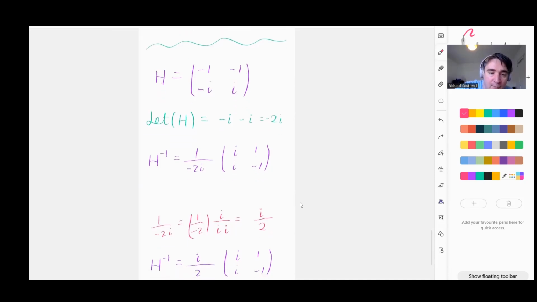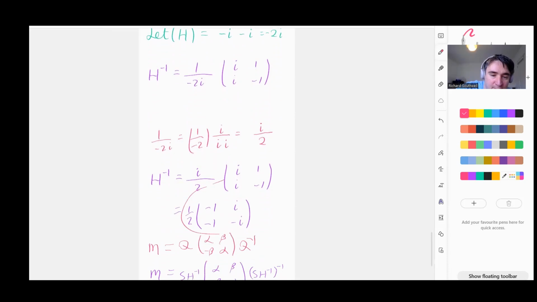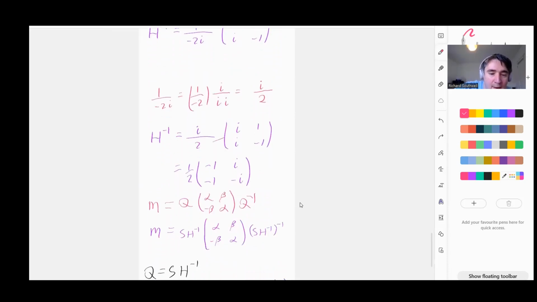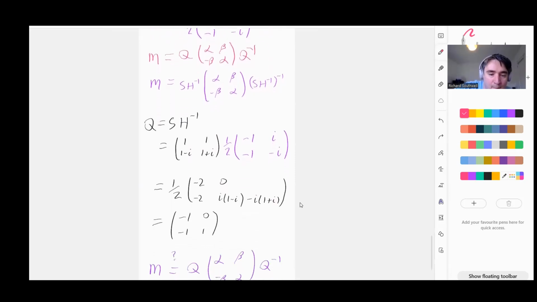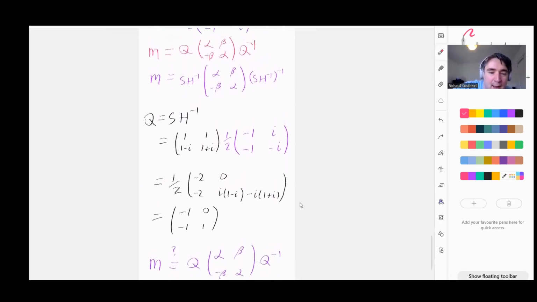And so we do that. Here it is. Okay, this is the same matrix simplified a bit. And then we just want to check that this equation is true. Well, let's work out what Q is. Q is S times the inverse of H. We work it out to be this. And that's nice because Q is a real matrix, which is important.